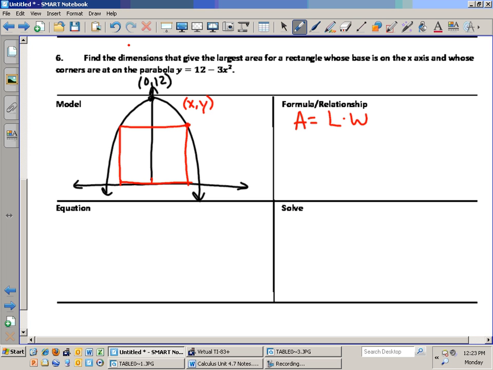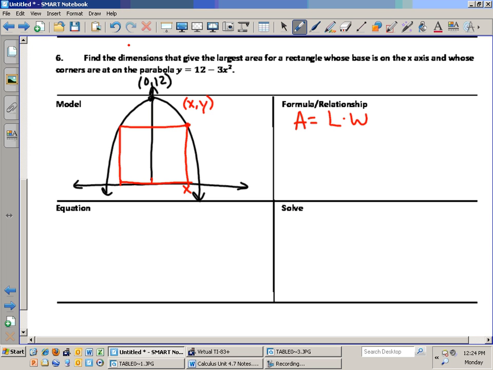So the width is going to be horizontal, which is referring to x. Tell me, if I move my finger over, how many units am I when I get to right here? Half the width, which is x, right? That far over is x, correct? So this spot right here would be x units.